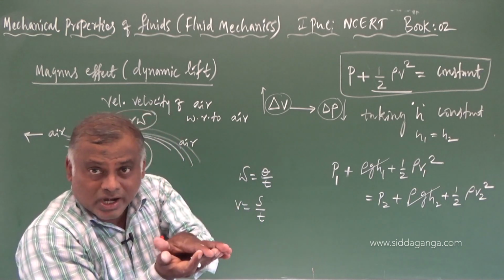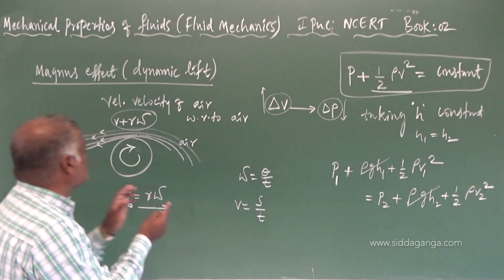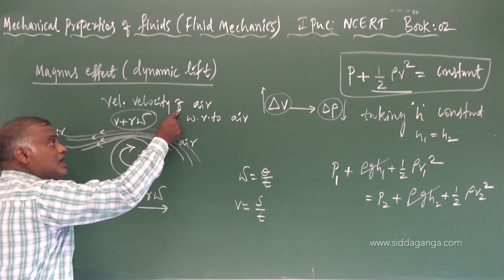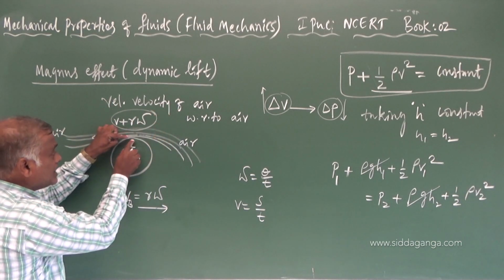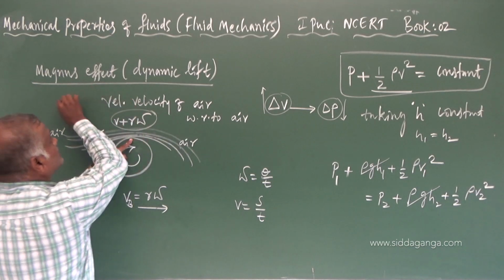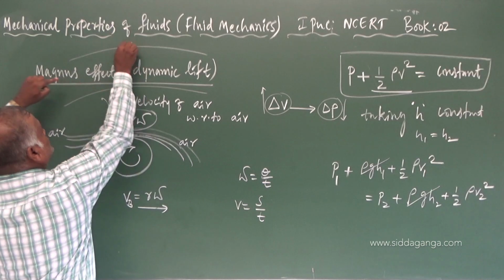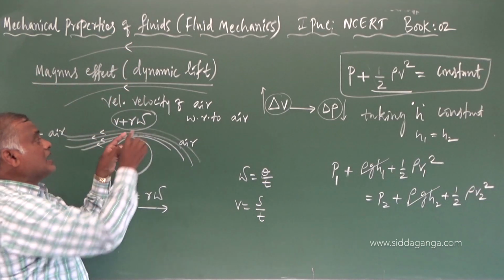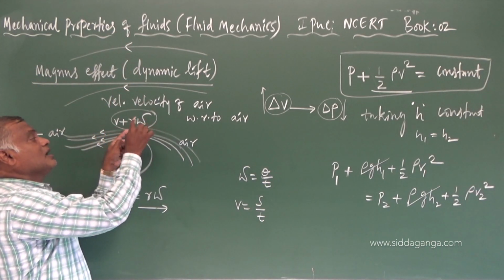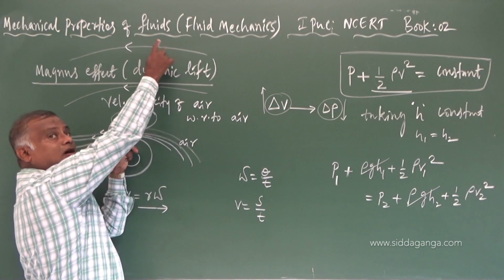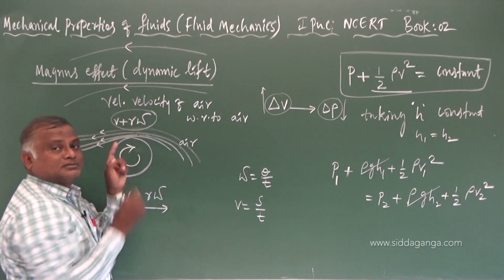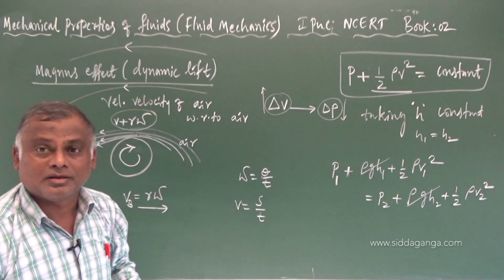When they get crowded, the relative velocity of the air near the ball, and let us say there are some air layers above the ball, this is also air, the relative velocity V plus r omega with respect to the air layers just above becomes more.